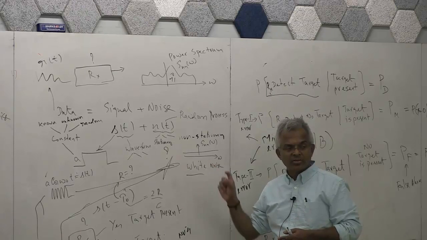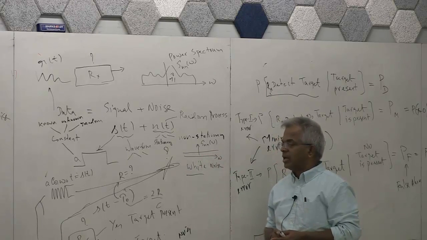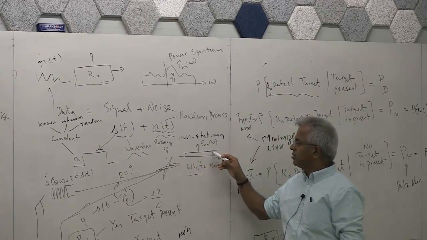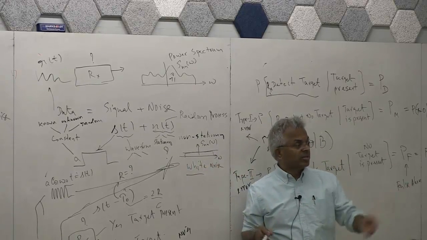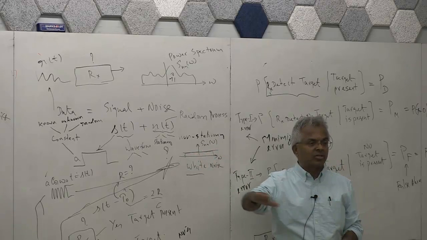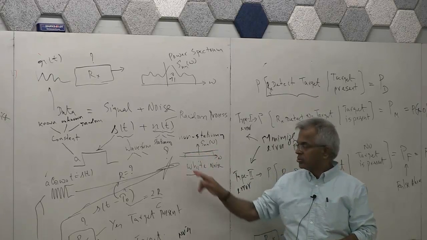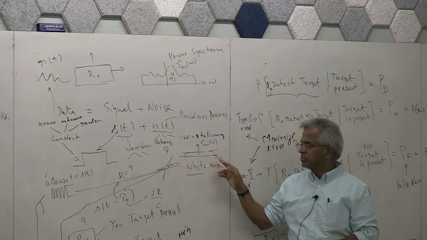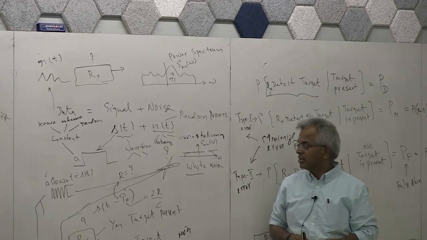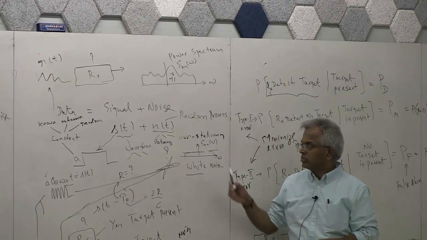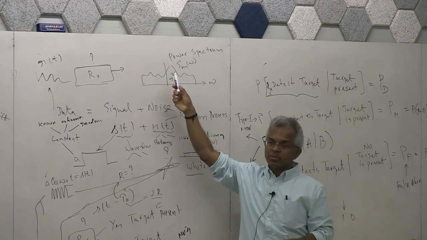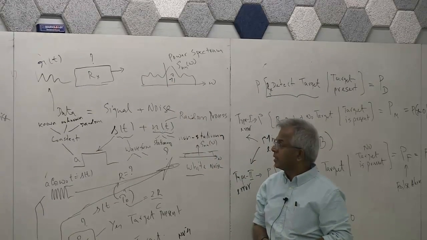White noise is an idealization. Practically, whatever frequency region is of interest to you, let's say around 2 gigahertz, over that region the noise has a flat spectrum. You can also call this partially white or colored noise. So noise could be like this, or it could be any general shape of noise power spectrum.